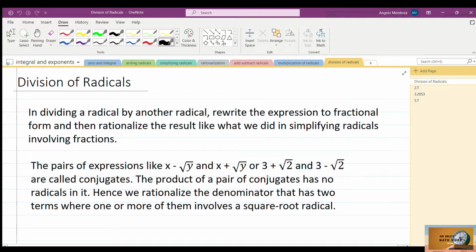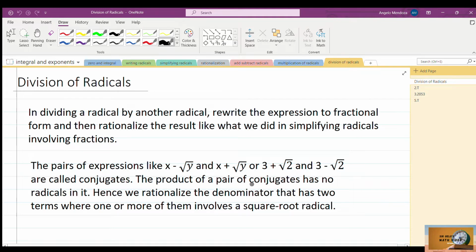In dividing a radical by another radical, we rewrite the expression in fractional form and then rationalize the result, like what we did in simplifying radicals involving fractions. Pairs of expressions like x minus square root of y and x plus square root of y, or 3 plus square root of 2 and 3 minus square root of 2, are called conjugates.